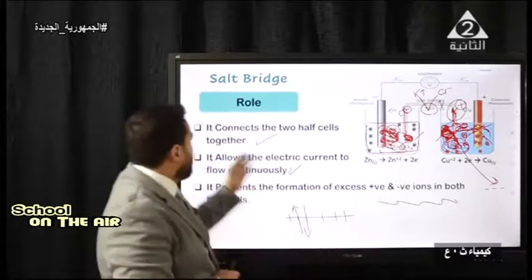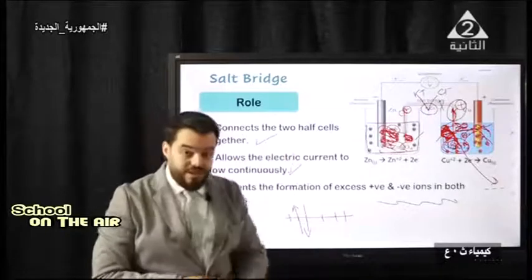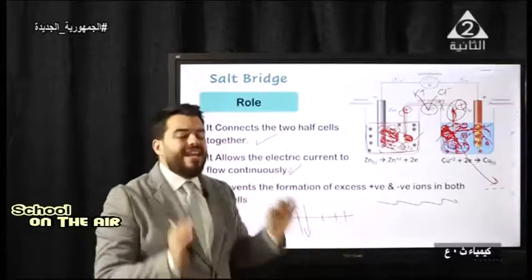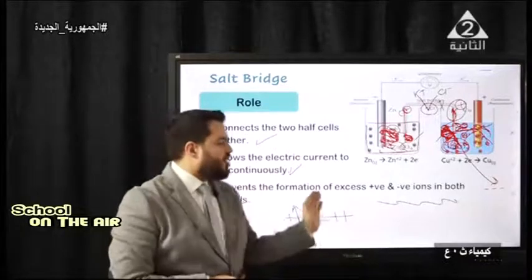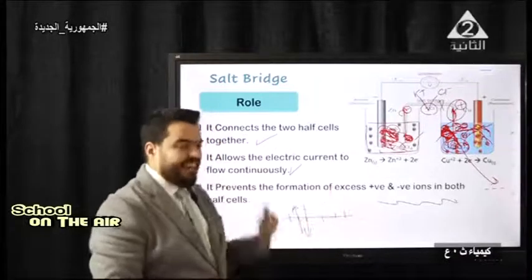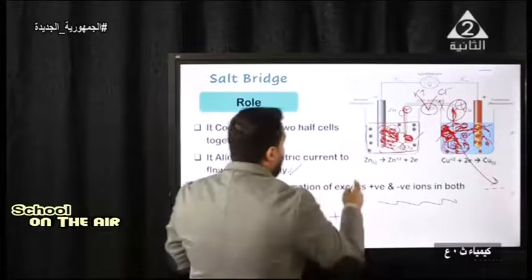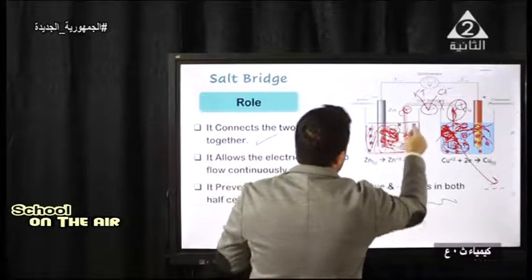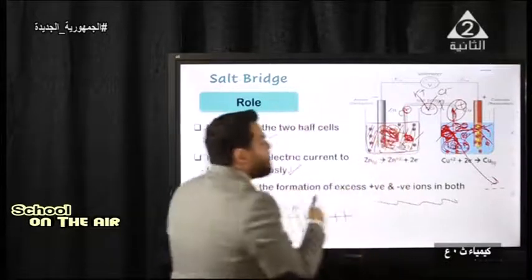Again, the salt bridge role: it connects the two half cells together and allows the electric current to flow continuously by making a closed circuit, and it prevents the formation of excess positive and negative ions, so the electric current will not be stopped. Because if you fill all of that with zinc positive 2, can you dissolve any other zinc?